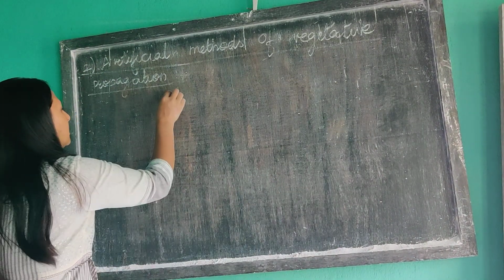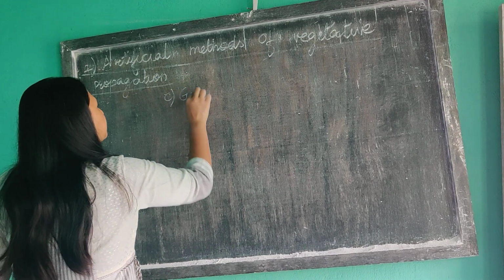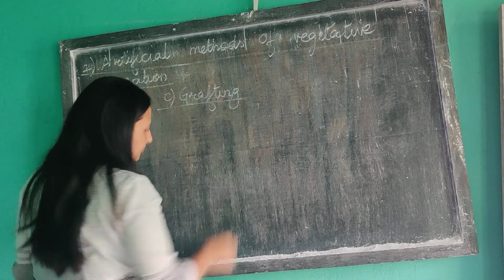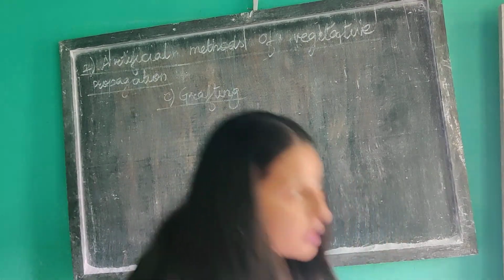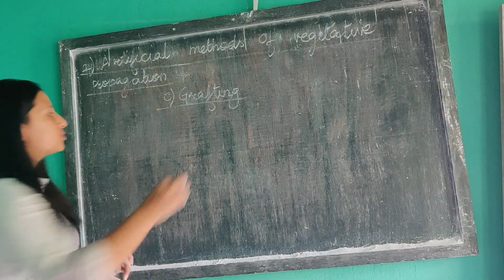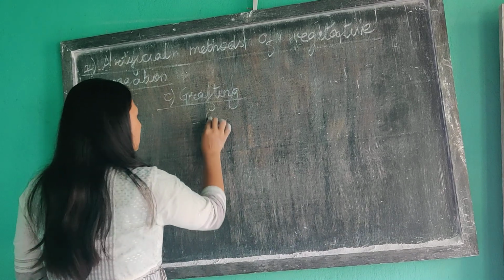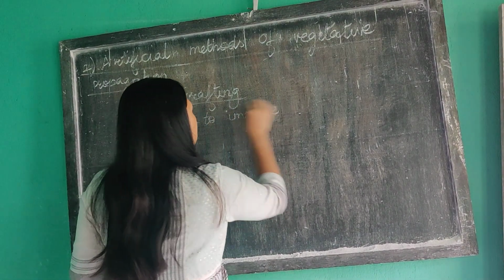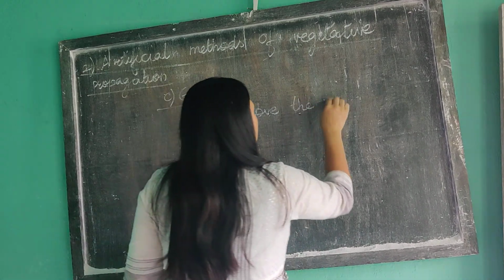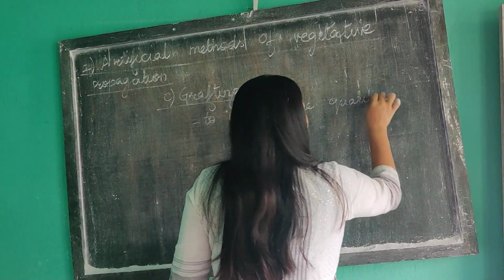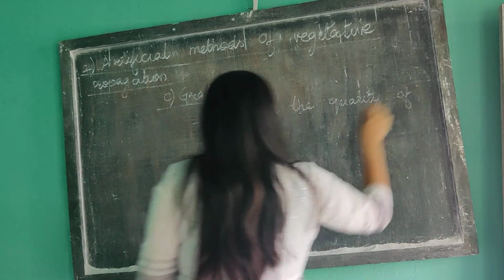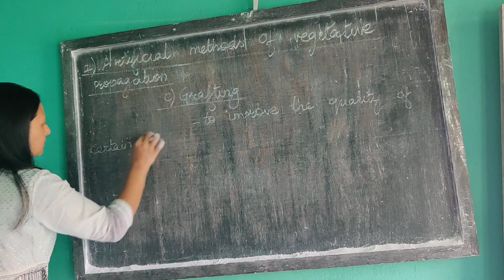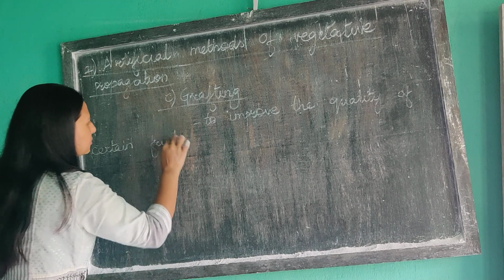Okay, this is grafting. Grafting is usually done to improve the quality of certain fruits like mango.